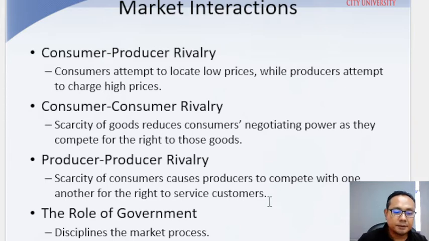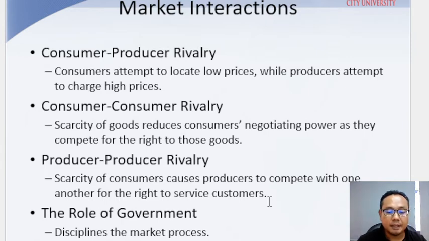And of course, the role of government also affects market interaction. Consumers must fight.